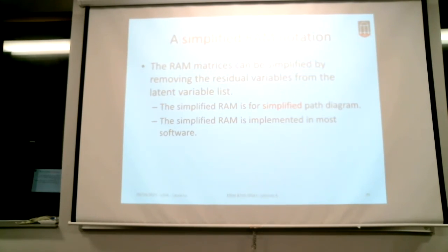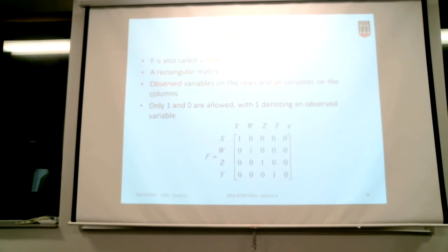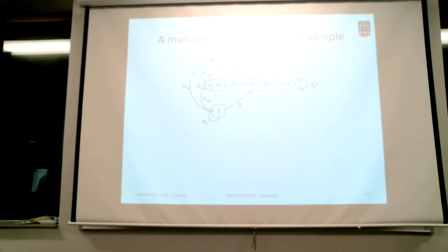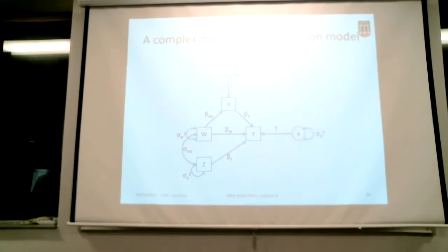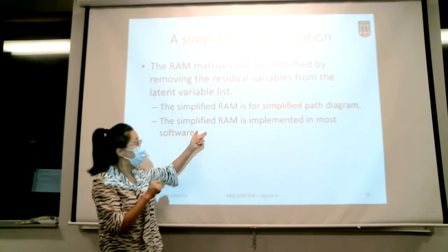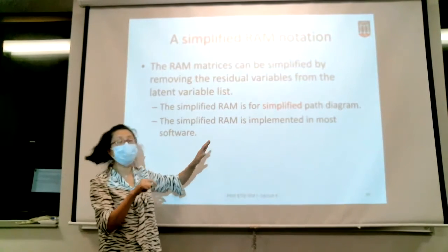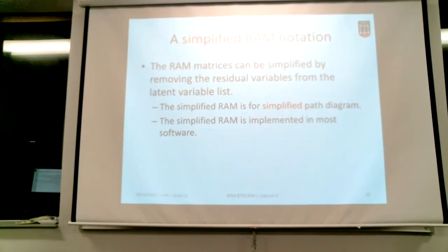It's called a simplified RAM notation. In the previous case, we had all of these four path diagrams here. But we do have a simplified version. The simplified RAM is implemented in most of the SEM software.